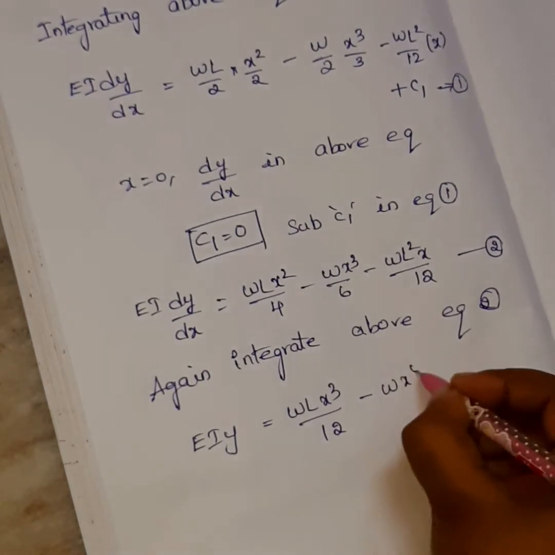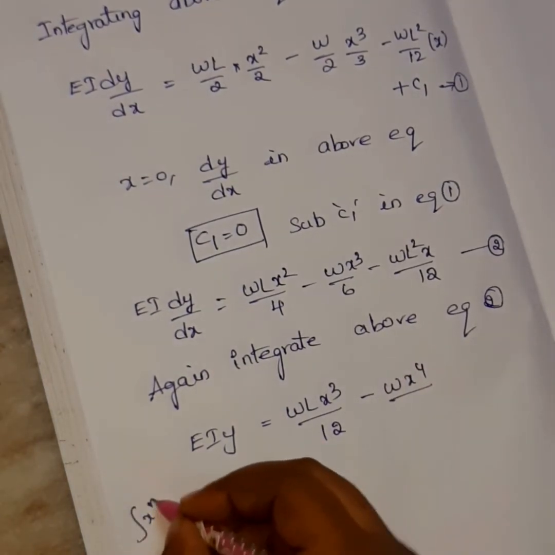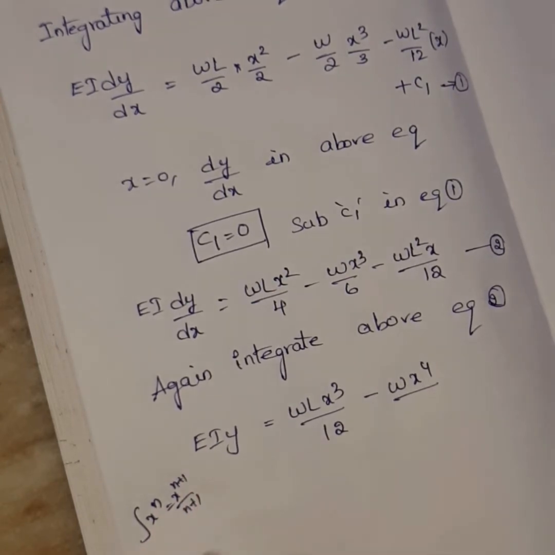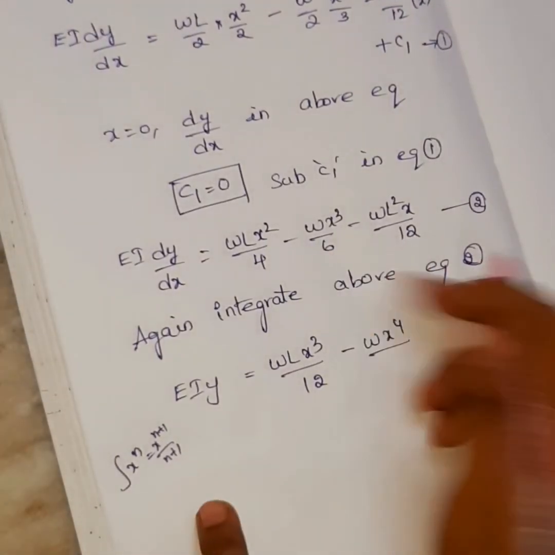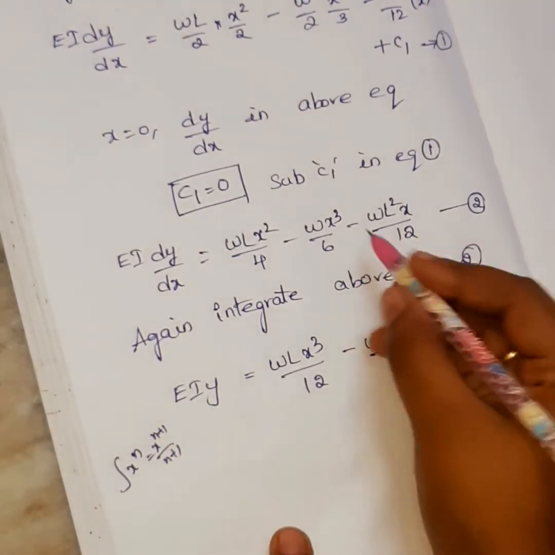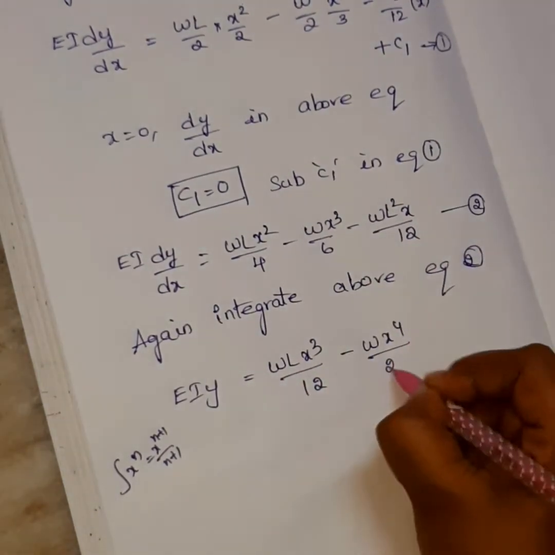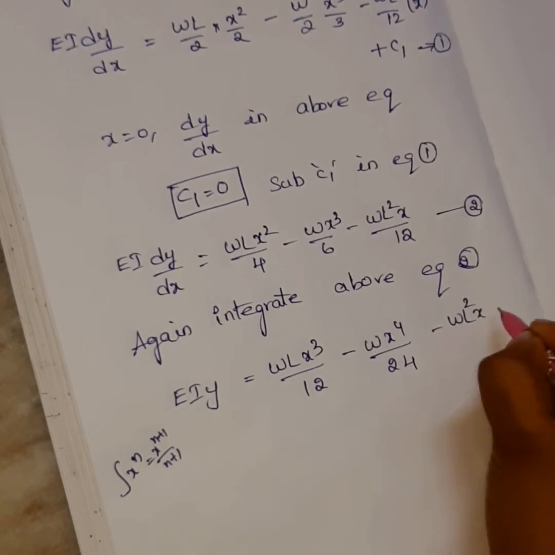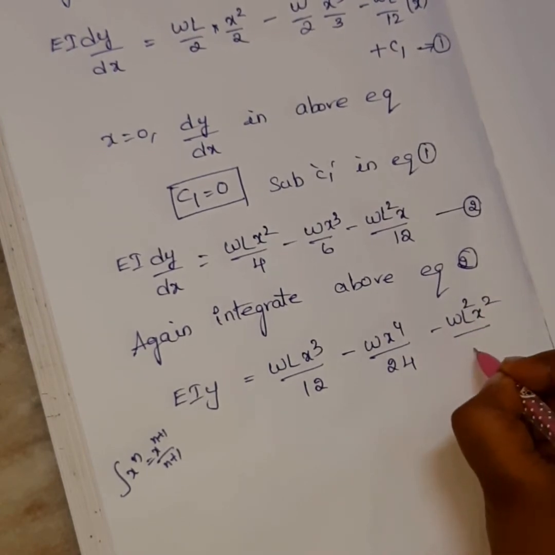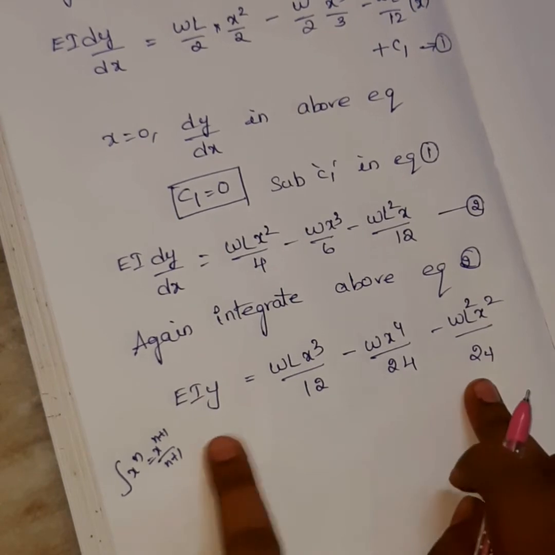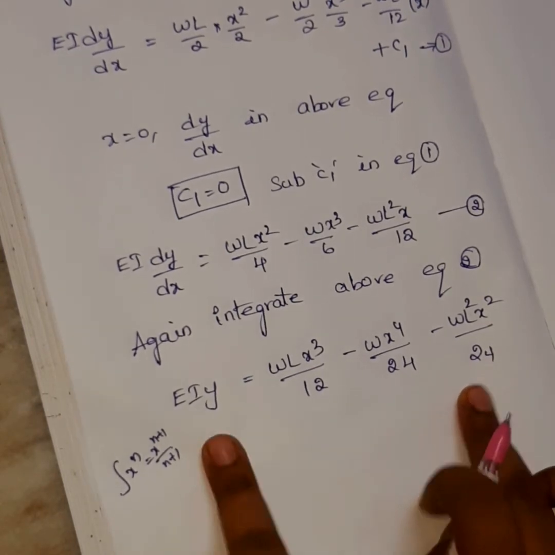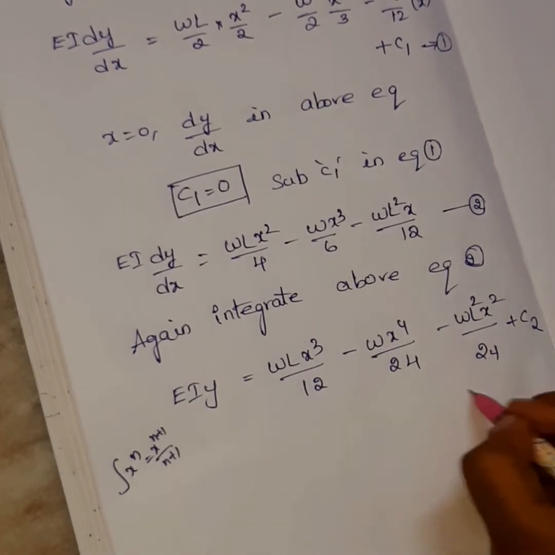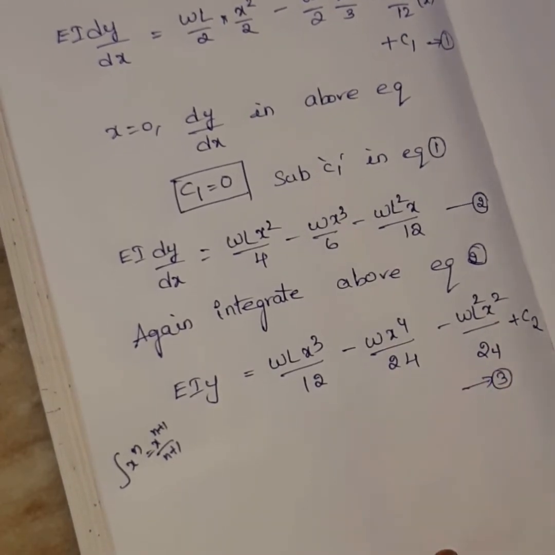So x power 4, see here, integral of x power n formula is x power n plus 1 by n plus 1. So x power 4, this one is 4, 6 into 4 how much? 24, minus x square by 24. Okay, this is my integration. So second time integration plus c2. Okay, this is my equation number 3.